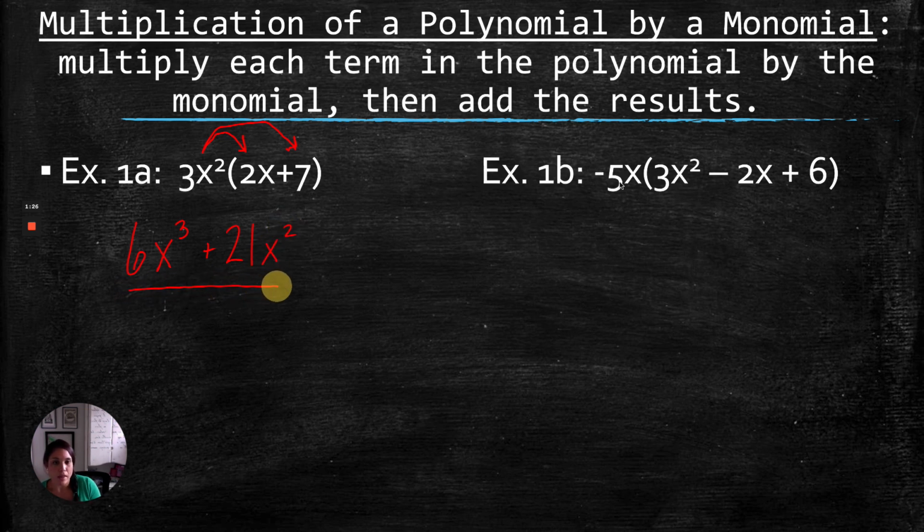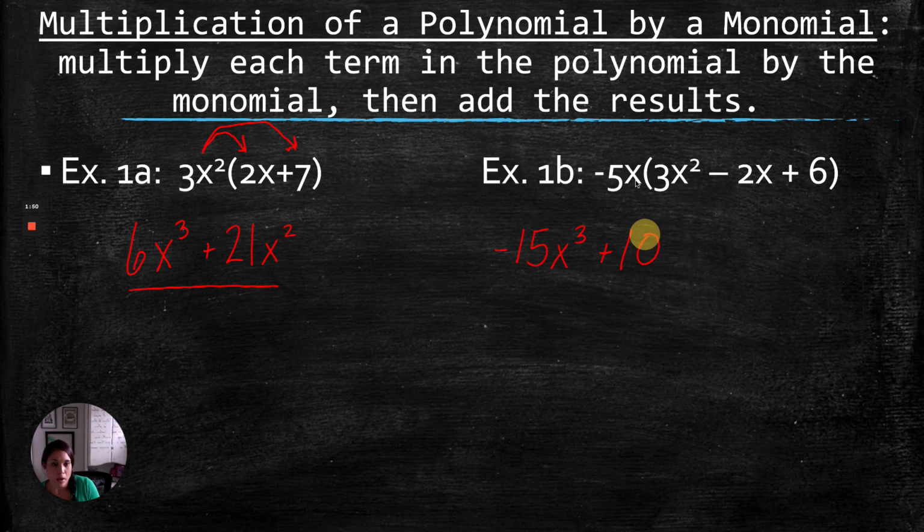All right, let's apply that to this monomial with 3 terms inside of the polynomial here. So -5 times 3 is -15. X times x squared is x cubed. -5 times -2 is a positive 10.